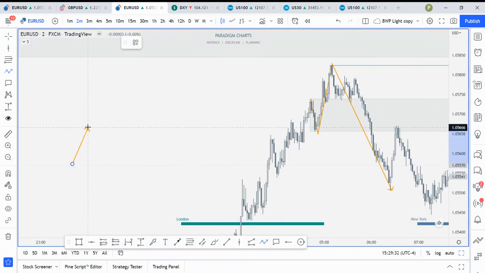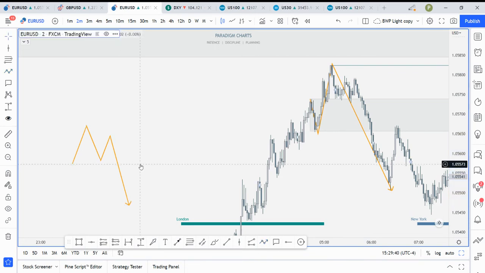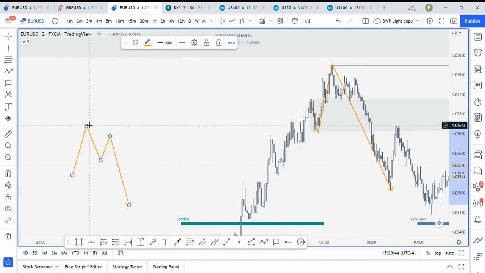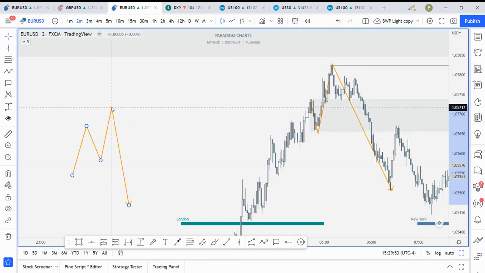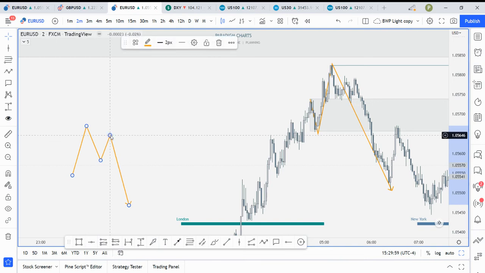So in this case you have a high, a low, a lower high, and then price breaks down. The difference between mitigation blocks and breakers is that breakers would sweep liquidity like this, while a mitigation block would be a swing failure like this.